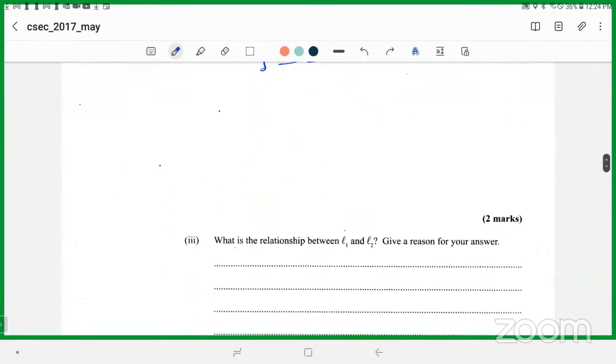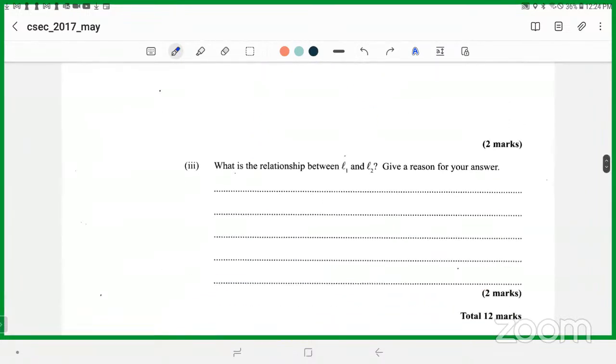What else do they want us to do? They want us to say, what is the relationship between L1 and L2? Give a reason for your answer. The relationship between them is that they are perpendicular. L1 is perpendicular to L2.